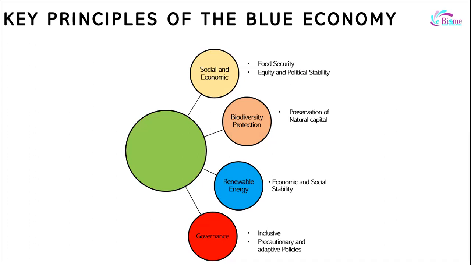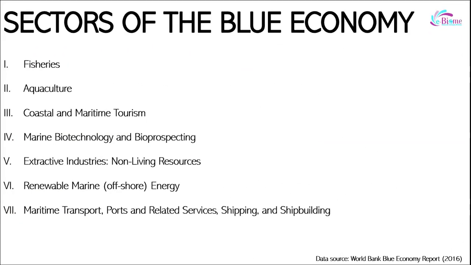We delve into the realm of preservation of natural capital. When we talk about renewable energy, we talk about economic and social stability. And when you refer to governance, you dive into speaking about inclusive and precautionary and adaptive policies that governments need to create in order to benefit the blue economy.